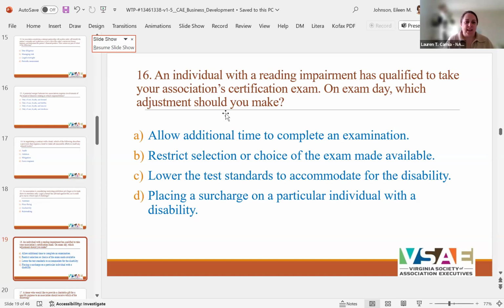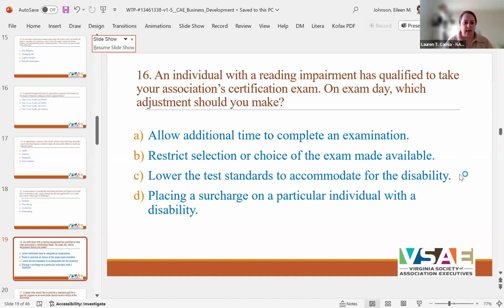Okay, 16. An individual with a reading impairment has qualified to take your association's certification exam. On exam day, which adjustment should you make? A, allow additional time to complete an examination. B, restrict selection or choice of the exam made available. C, lower the test standards to accommodate for the disability. D, placing a surcharge on a particular individual with a disability.